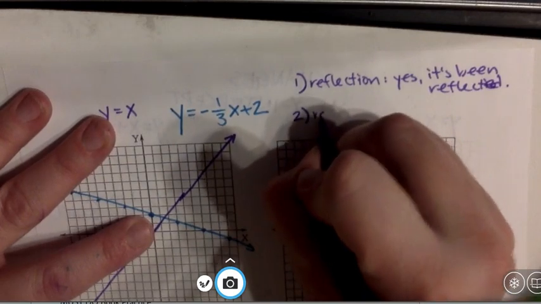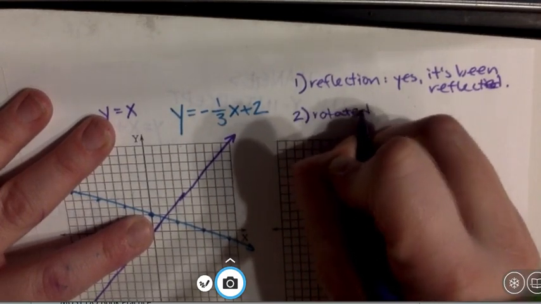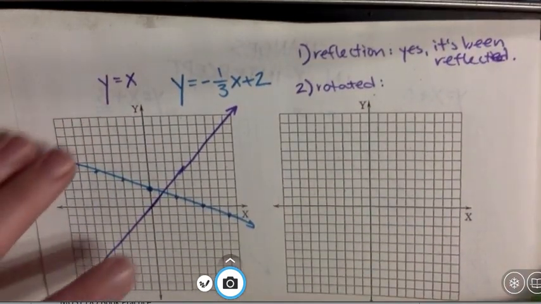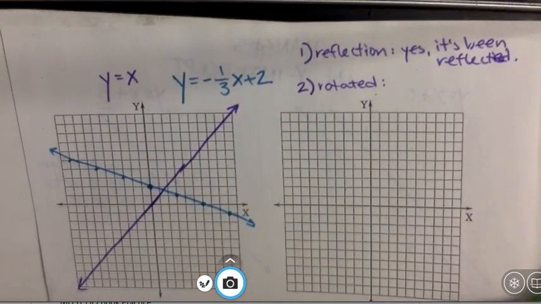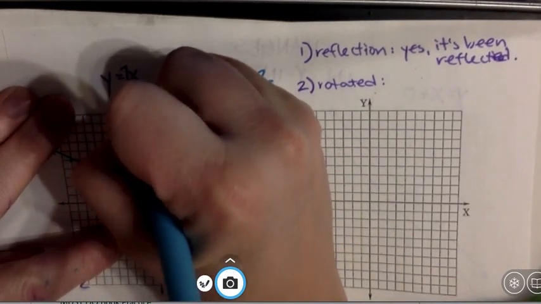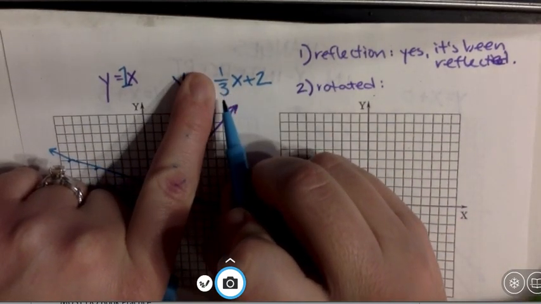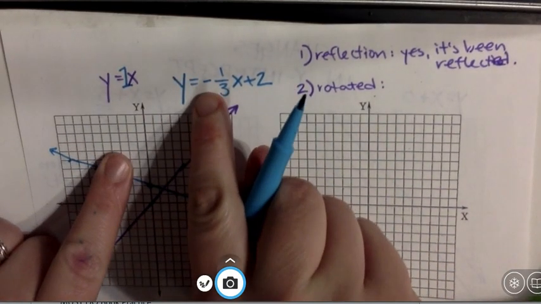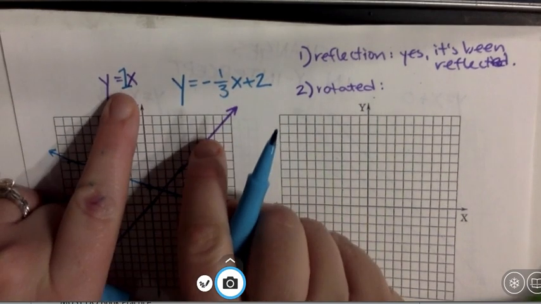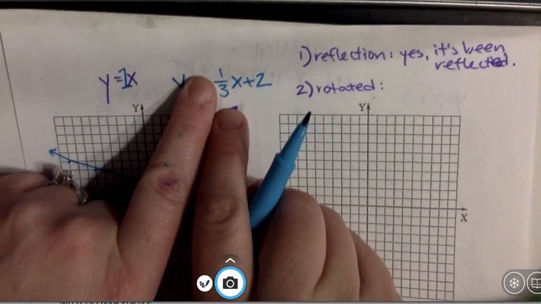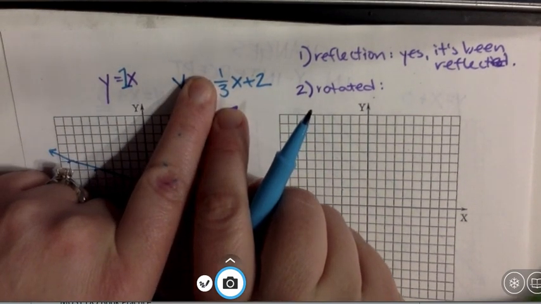Number 2, has it been rotated? I am just looking at this slope of 1 versus this slope of 1/3. I'm not looking at the fact that this has become negative 1/3. I'm looking at 1 versus 1/3. How has it been rotated?